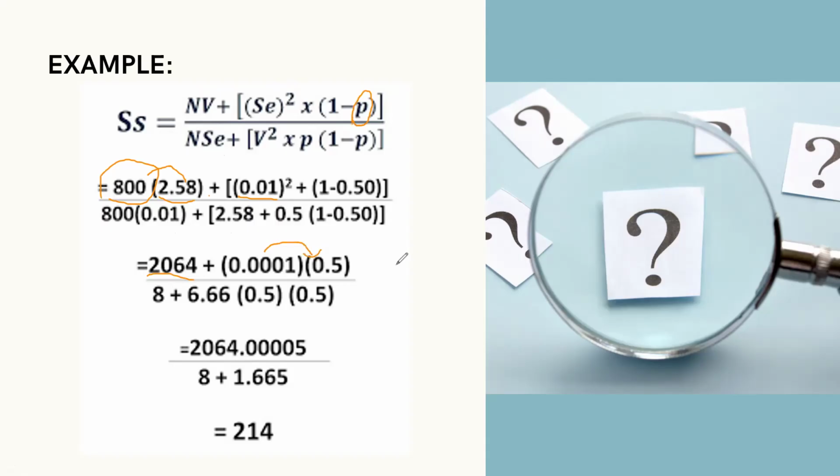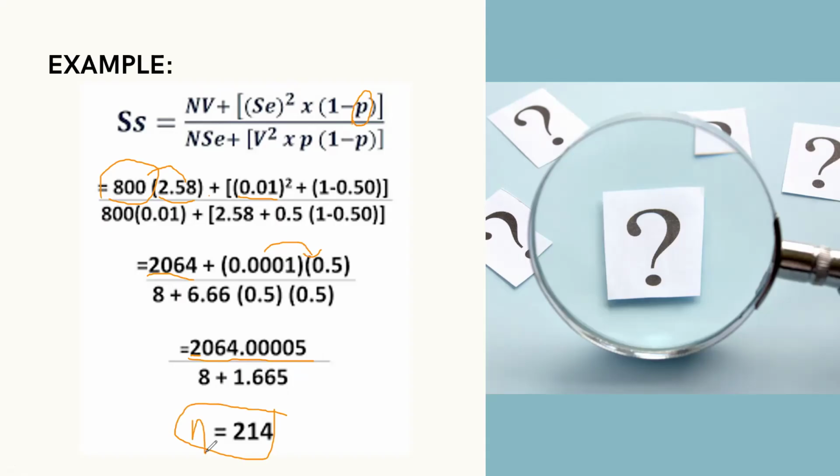And after that, we are going to try to add everything. 2064 plus 0.001 times 0.5, we will get 2064.005 over 8 plus 1.665. So basically, if you have your scientific calculator, if you try to input these values in your scientific calculator, you will eventually get the final result, and that will be 214.